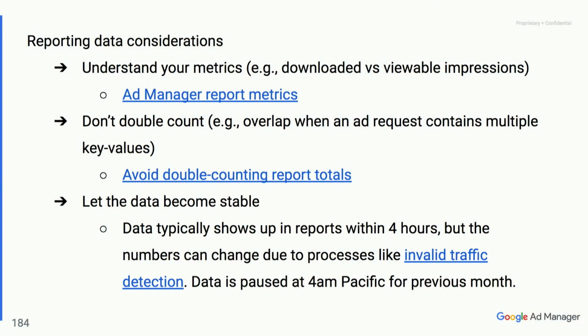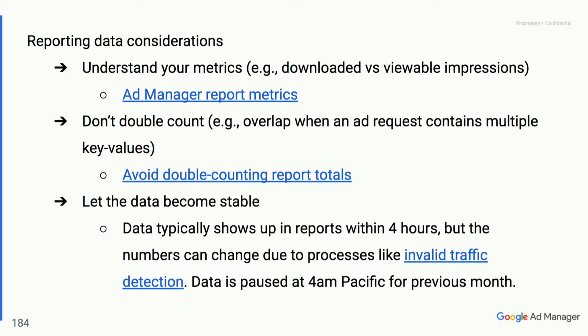And then finally, if you're storing this data for a long time, you want to make sure the data that you have is representative of the data that is in Ad Manager. There are some things that can cause the reporting data to fluctuate. We have things like invalid traffic detection, which looks for things like spam and fraud, where we try to remove any fraudulent data so that you have the best picture of your traffic.